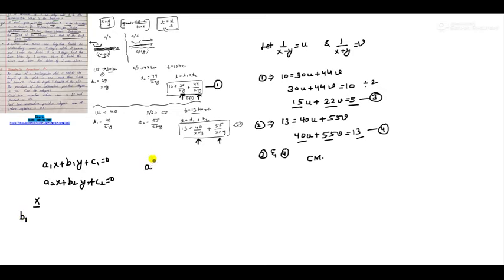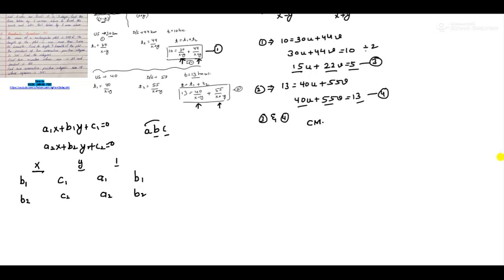After b, if I write a b c, after b what comes? C, c1, after c a, correct, and again b. So you have to follow this, and in the middle of b1 c1 write x, here y, and here 1. Now below this write b2 c2 a2 b2. This is to remember the formula.